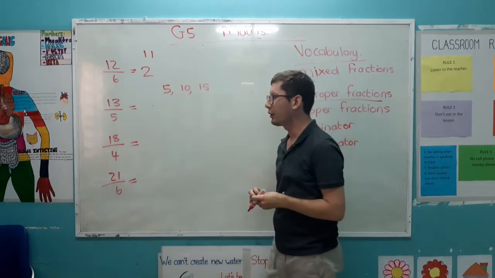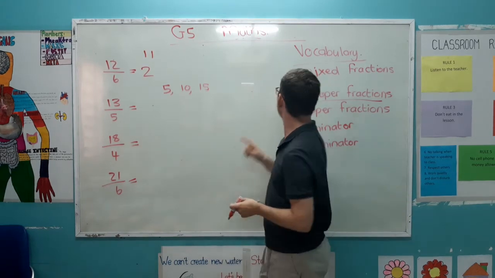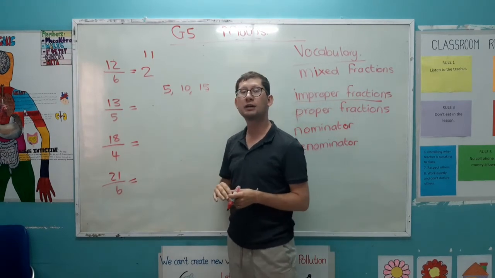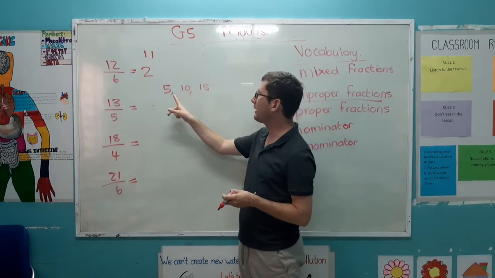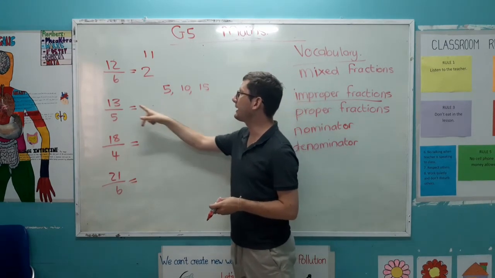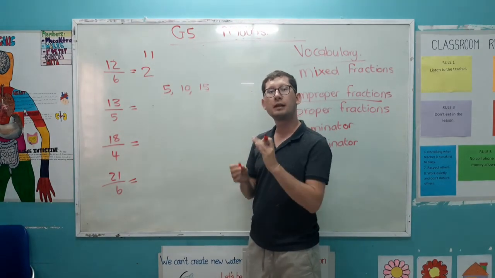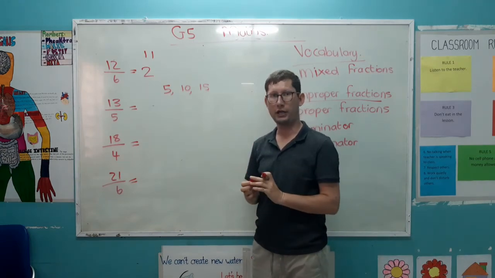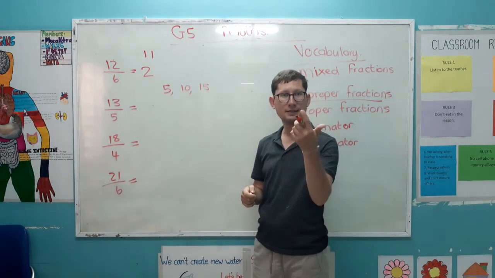But remember, if we want to convert this into a mixed fraction, we must see how many times 5 goes into 13. But we cannot say 5 goes into 13 3 times because 15 is greater than 13. So we must stop at the previous number before it goes to 15. For example, 5, 10.